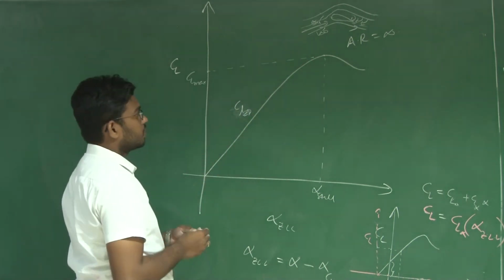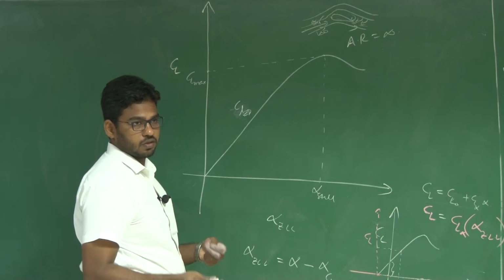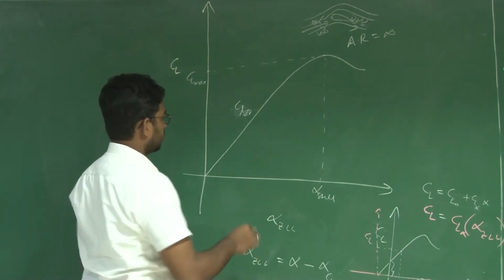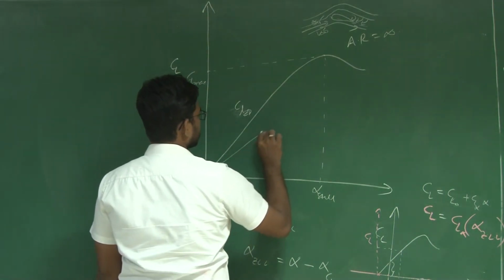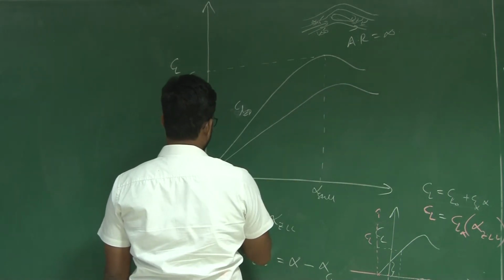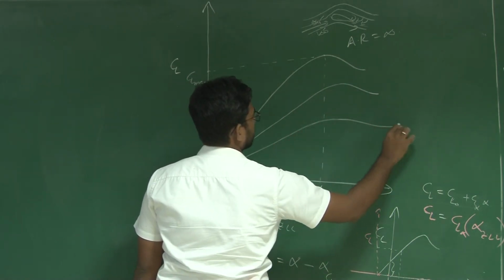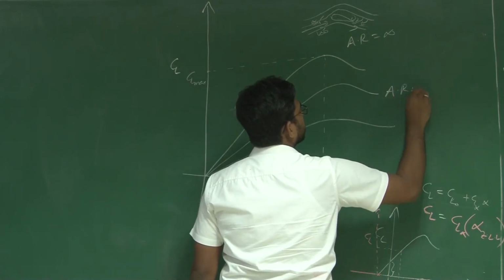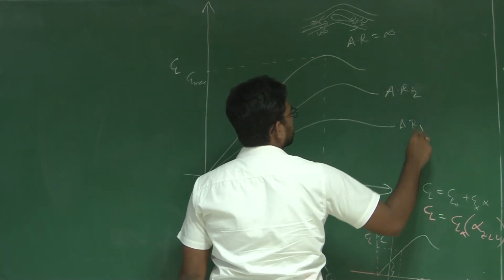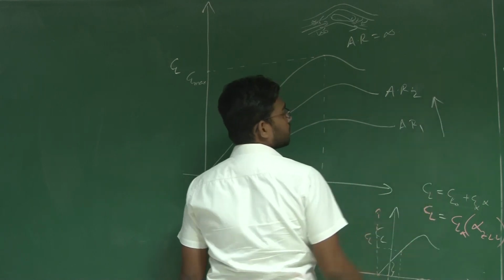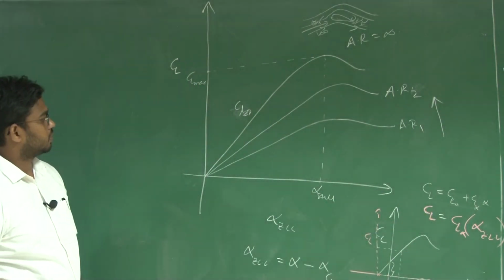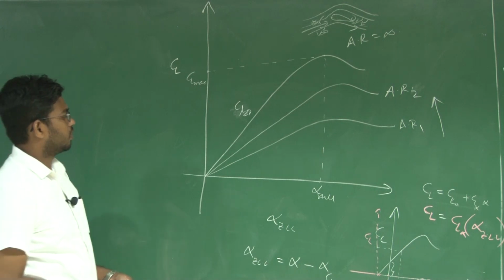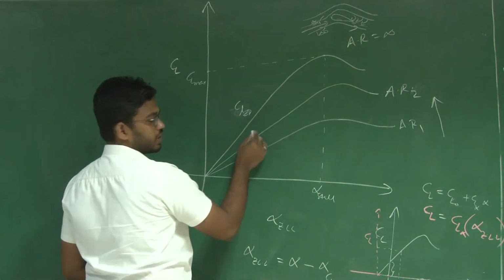Now if I make a wing out of it with a finite aspect ratio, this is how typically it will be. Say aspect ratio 1, aspect ratio 2. So this is the increasing order of aspect ratio. Now, what's happening? The slope is changing.